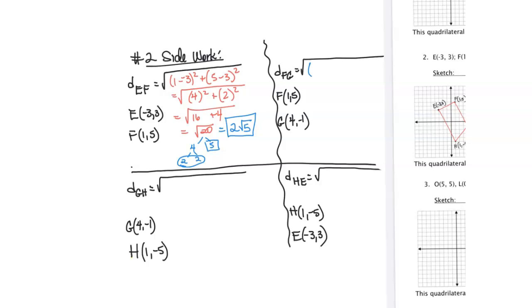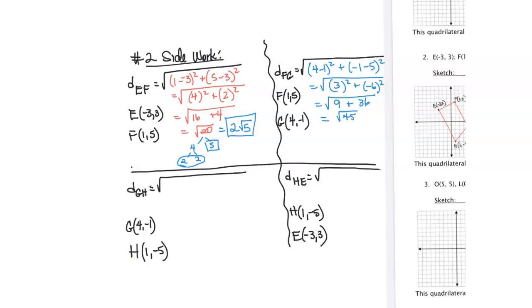Plugging in our values, we have 4 minus 1 squared plus -1 minus 5 squared, which gives us 3 squared plus a -6 squared. So that's equal to 9 plus 36. And 9 plus 36 gives us the square root of 45.